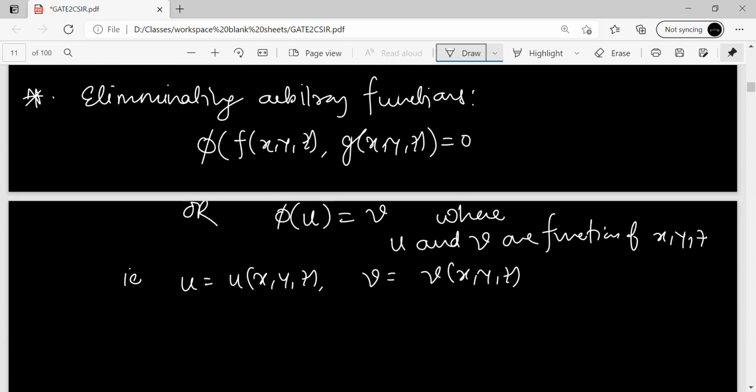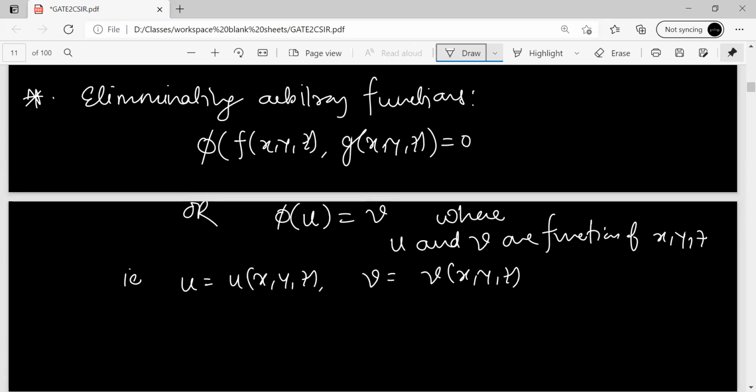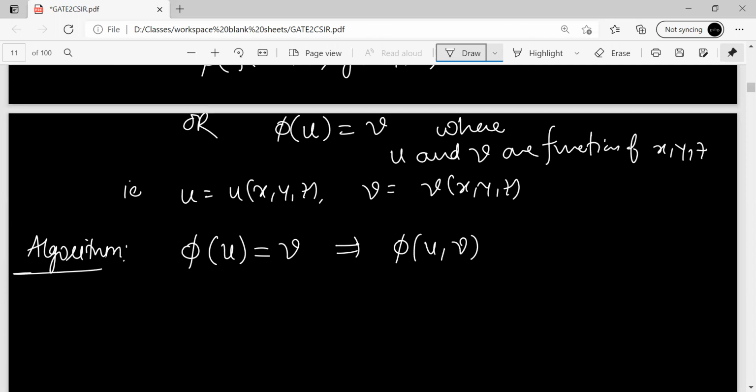So how to eliminate arbitrary functions? To do that, we have got n number of methods, but I prefer this one, the easiest one. So I'll write the algorithm to convert this. Let's say you are given a PDE of this type, phi of u comma v, then convert it into this form, phi of u comma v equal to 0.